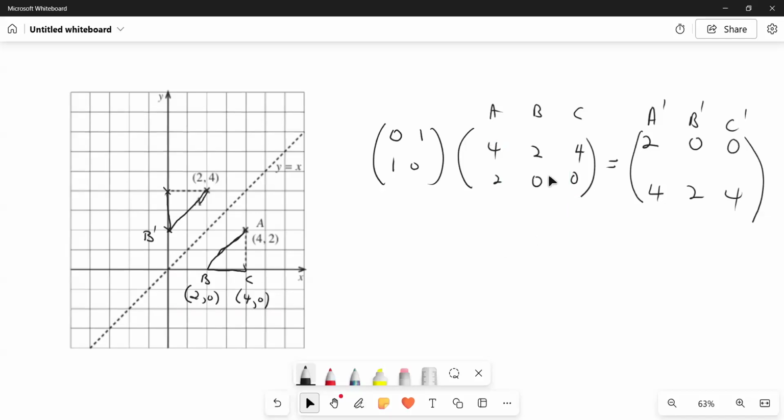And you put the vertices down like it's a matrix, and you multiply the transformation matrix, which is this here, right, by the vertices of the triangle or rectangle or square or whatever, and you get the image over here. This is some of the standard matrices. I'll give you them.